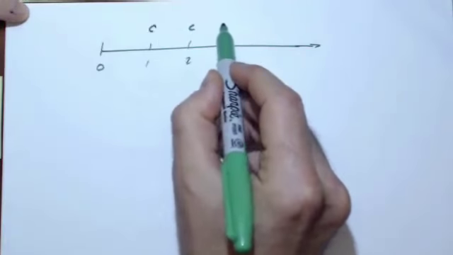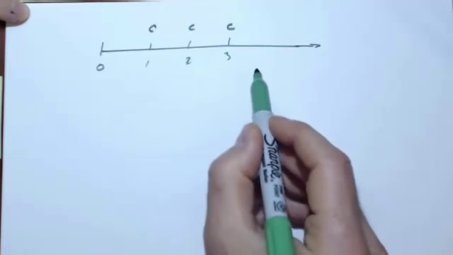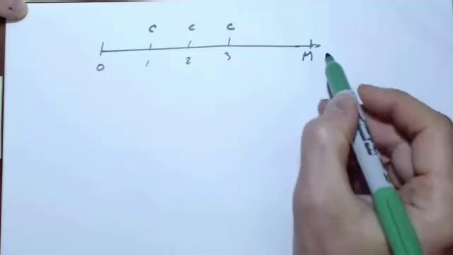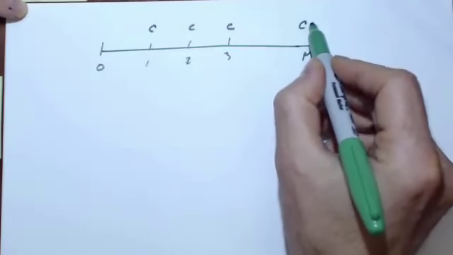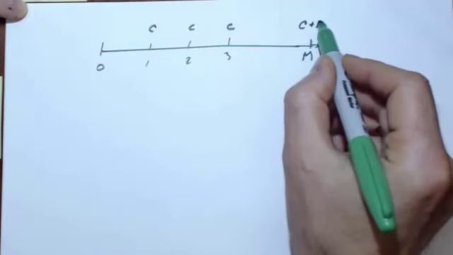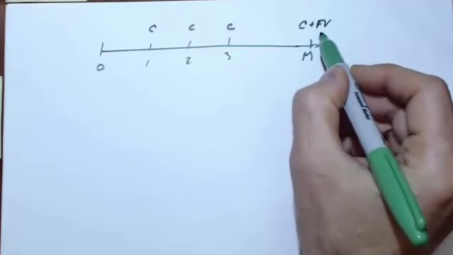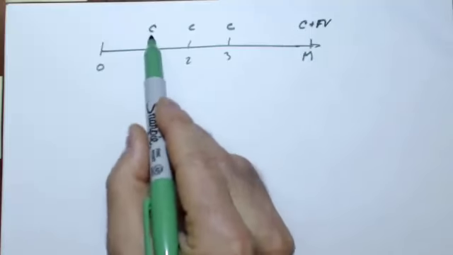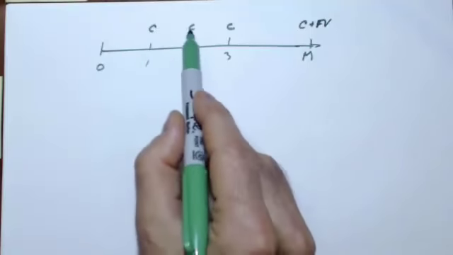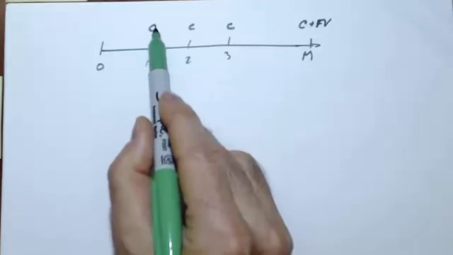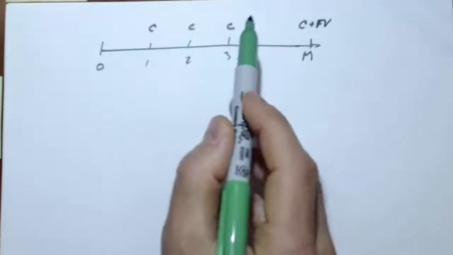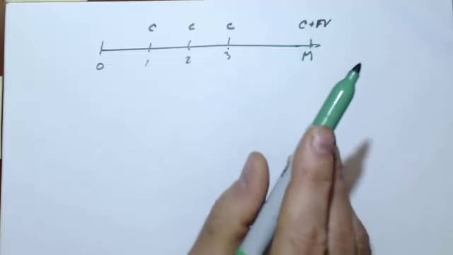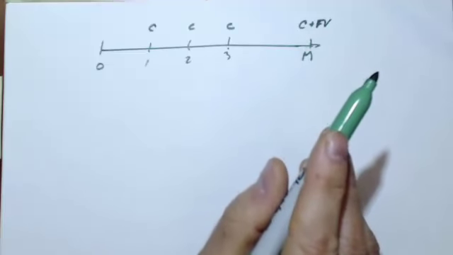I'll just call them C. It's a fixed coupon all the way to maturity, let's say, date M. At maturity you get the last coupon plus the face value, which is usually $1,000 for a typical bond. And not only is the dollar amount fixed here, but the periods in which they pay are fixed, which is why these things are called fixed income securities.